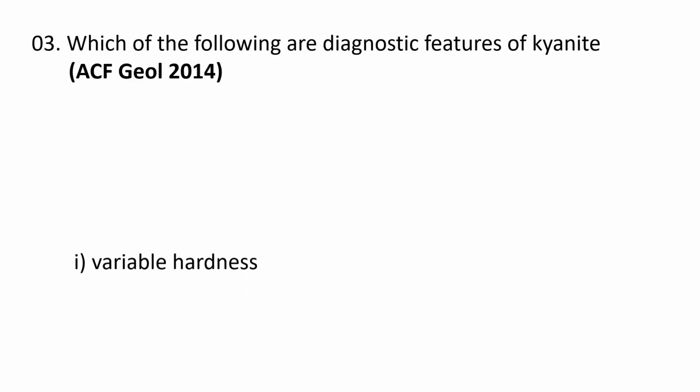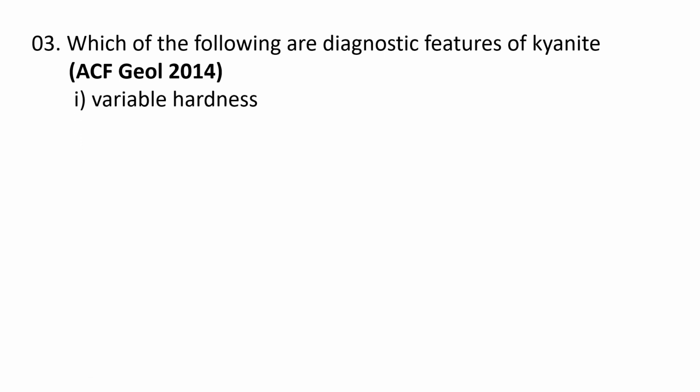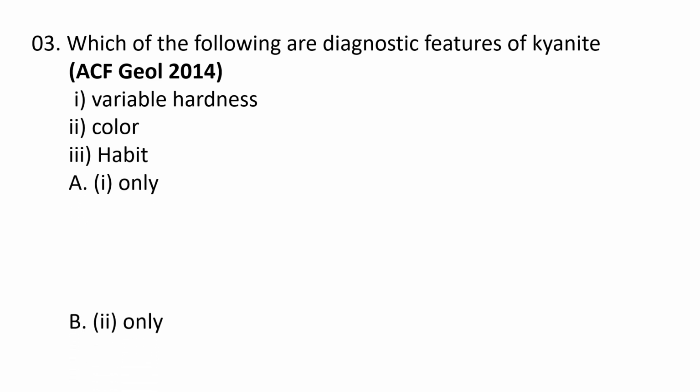Next question. Which of the following is diagnostic features of kyanite mineral? Three features are given: variable hardness, color, habit. Among these we have to choose A. 1 only, B. 2 only, C. 1 and 2 only, D. 1, 2 and 3.